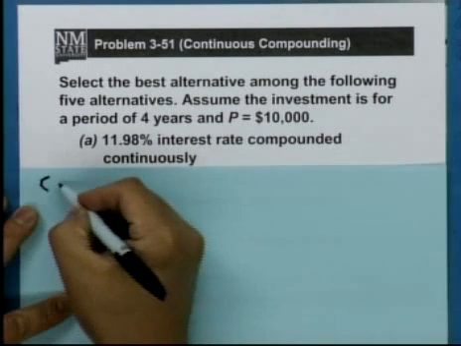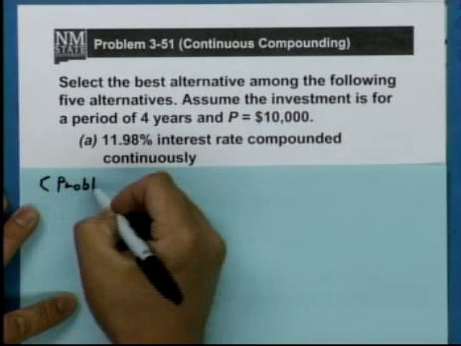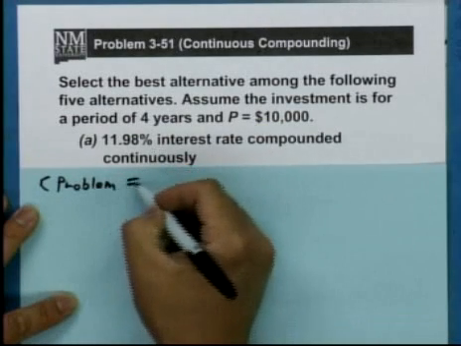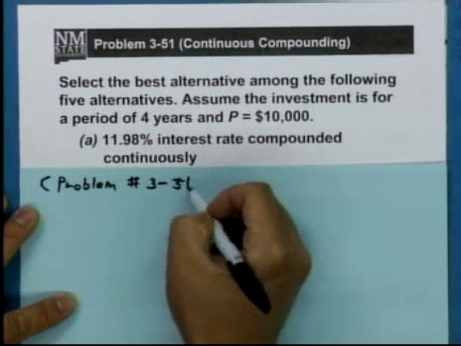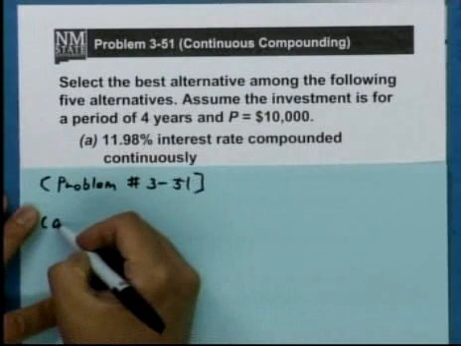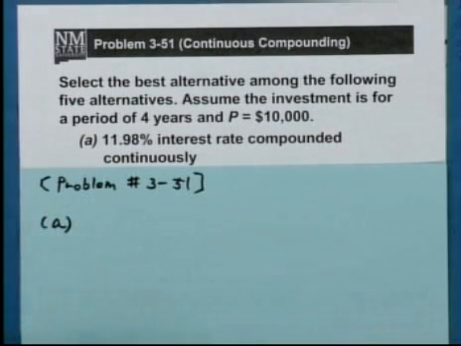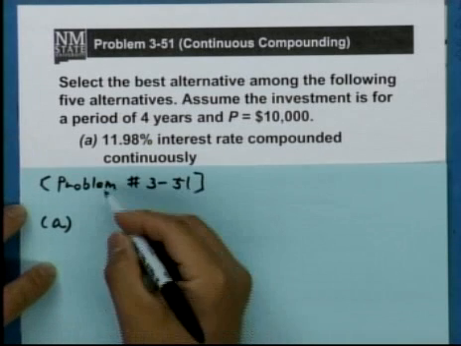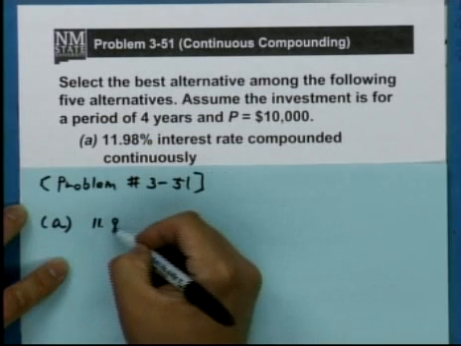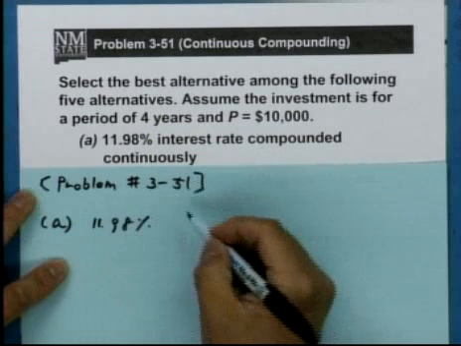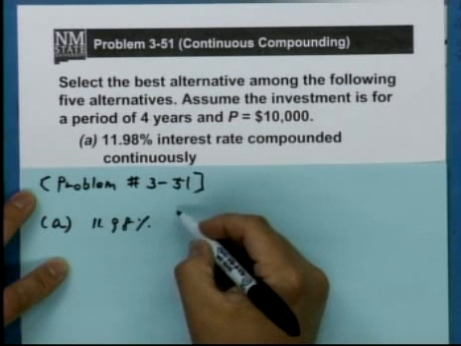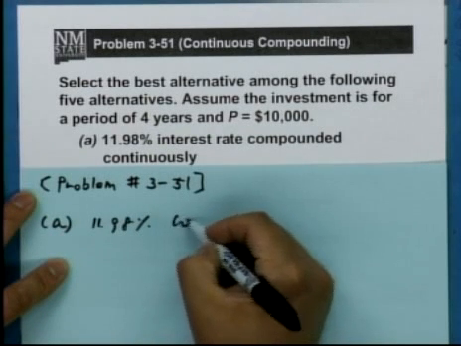So this is the problem number 3-51, and alternative A, there is 11.98% interest rate continuous compounding, right?